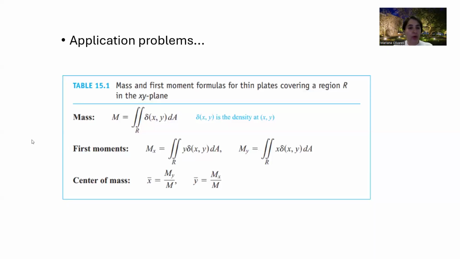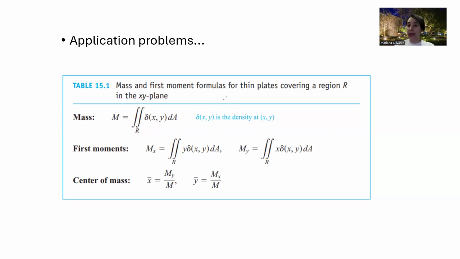Awesome. Okay, so let's analyze the formulas a little bit. What we have here is that the mass is going to be the density times the differential of area. Why? Because remember that in particular for this exercise, we are considering what the text is saying: mass and first moment formulas for a thin plate covering a region R in the XY plane.